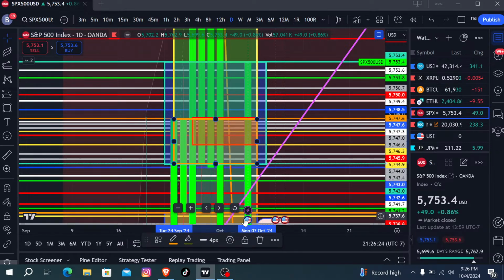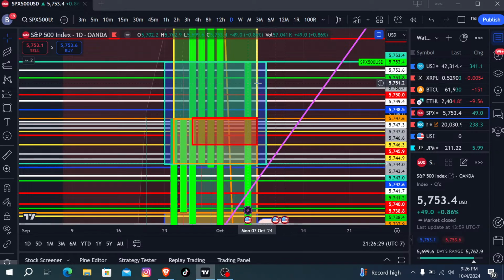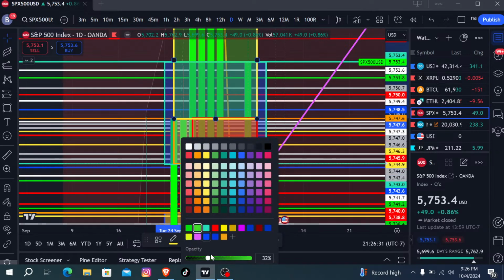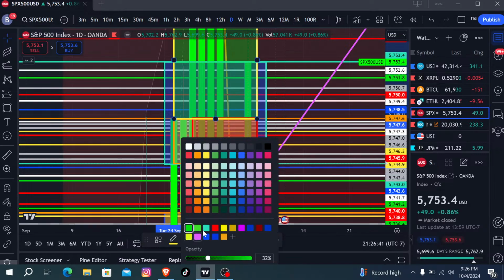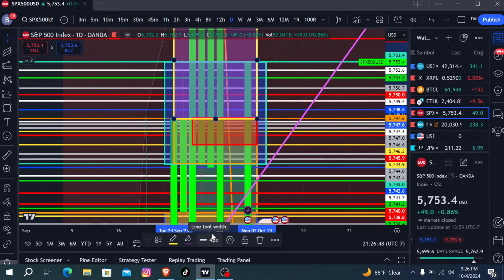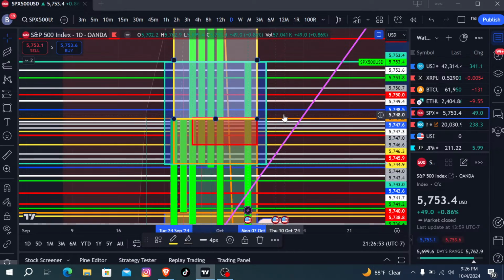Gonna make it brighter yellow. This one, red or green. What should I make it? Purple. Wait, I'm gonna go white. Should I go white? And then move it.